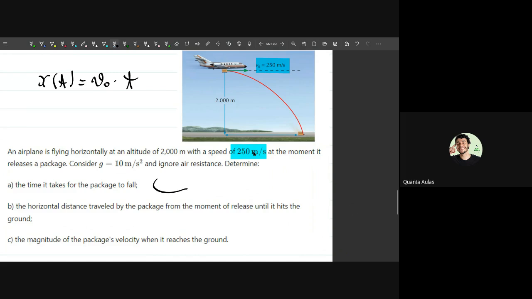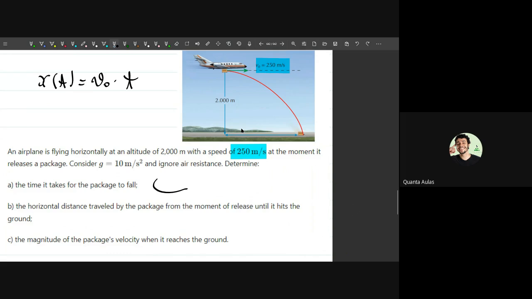In y, we have acceleration because we have gravity. So we can use the y-axis in this problem to obtain the time, because in the y-axis we have more information. We have the displacement and we have the gravity.